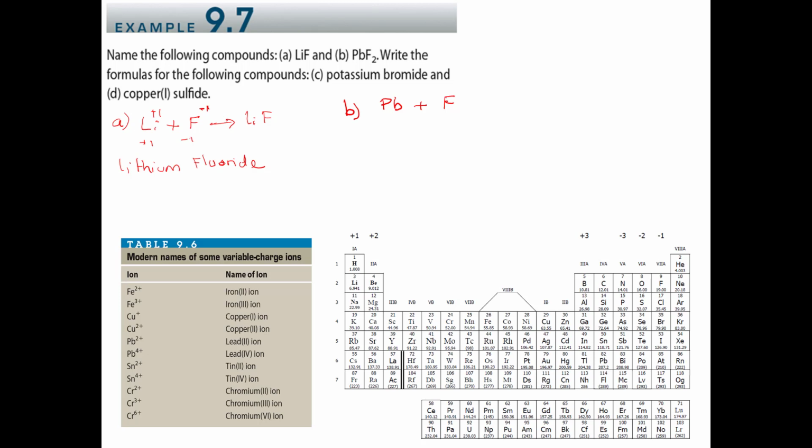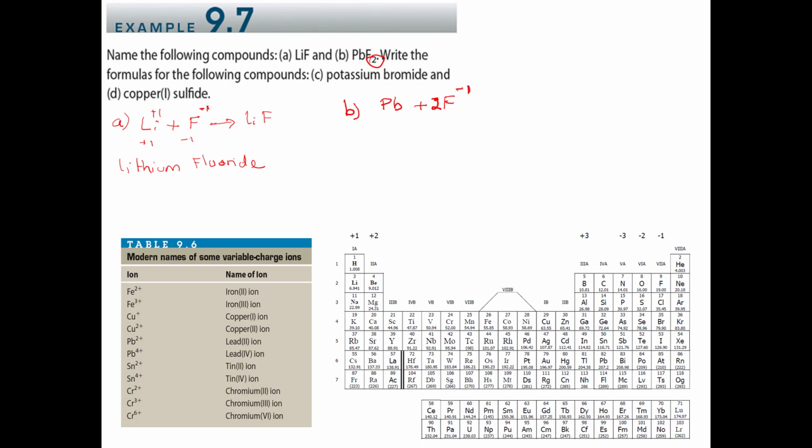And let's see. We have 2 fluorines. You see this 2, then we will write here this 2. And we know the fluorine is -1. Then what happens on this side?